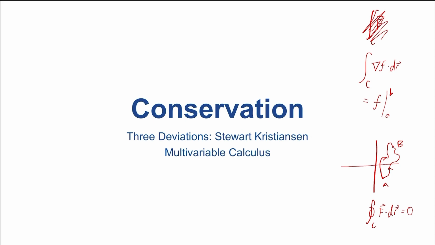So what we want to do today is examine conservation, conservative vector fields, and then use it to be applied in the conservation of energy formalism, which is quite important to look at. So let's do that now.